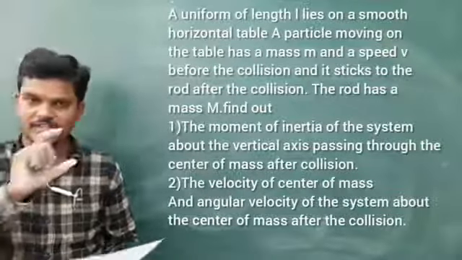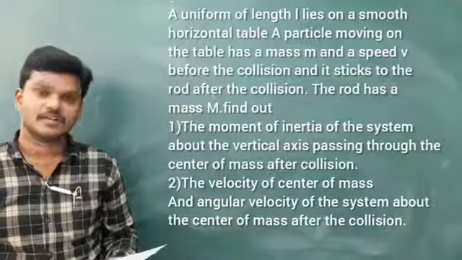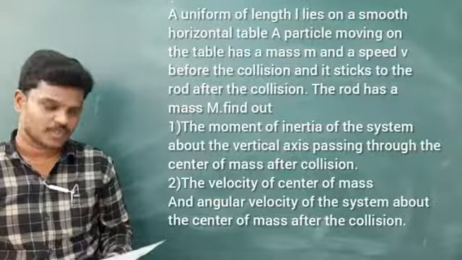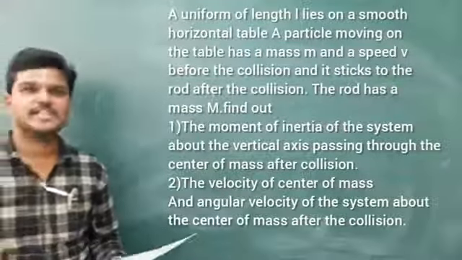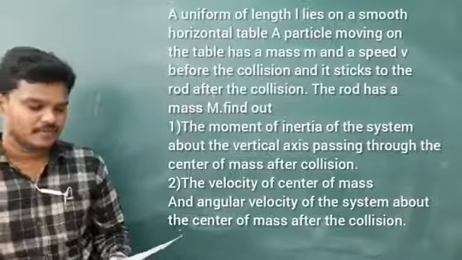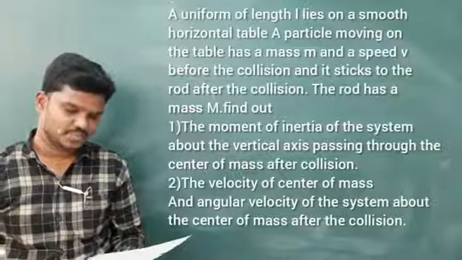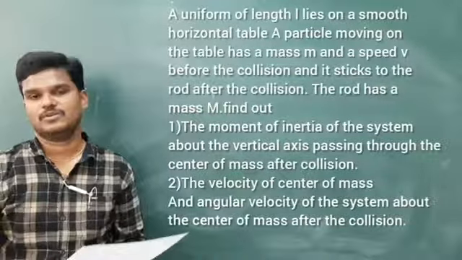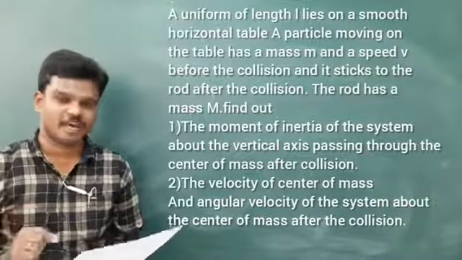The rod has mass capital M. Then find the moment of inertia of the system about a vertical axis passing through the center of mass after the collision.